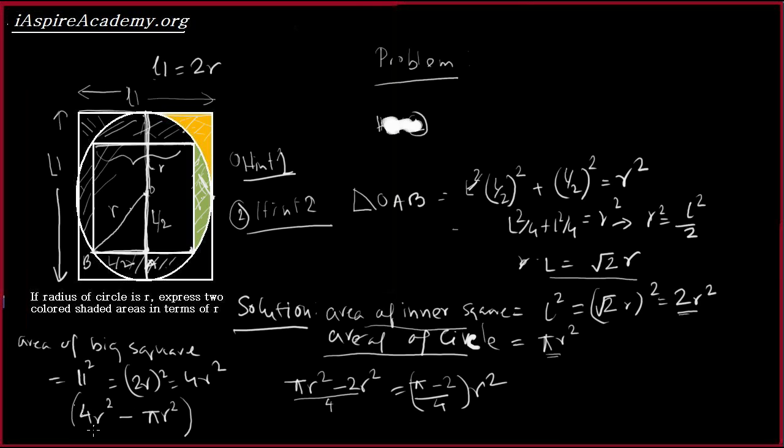So this is 4 of such areas. To find one area, we just divide by 4. This leads to r square minus pi by 4 r square. If you take r square common, it will be 1 minus pi by 4 times r square. So this area is pi minus 2 by 4 r square, and this area is 1 minus pi by 4 r square.